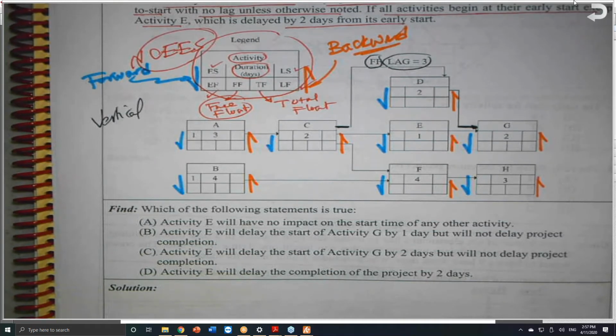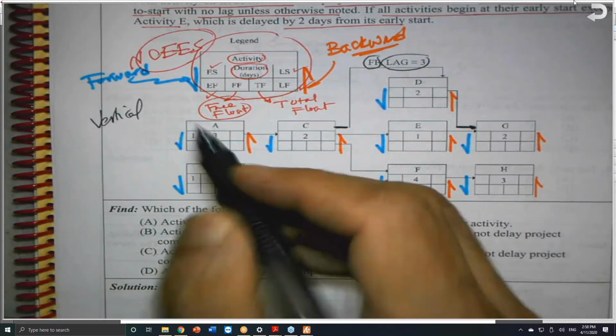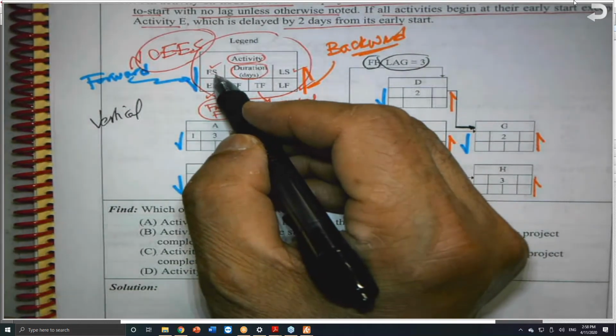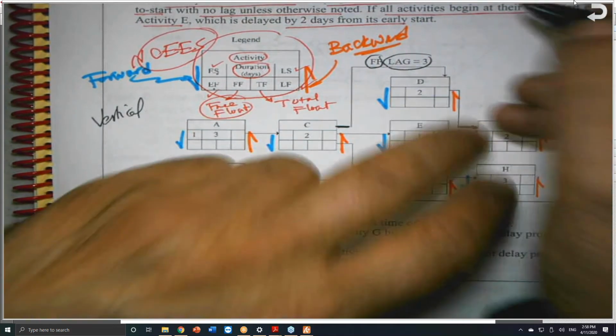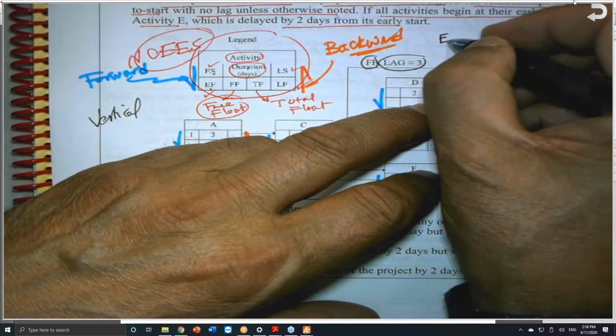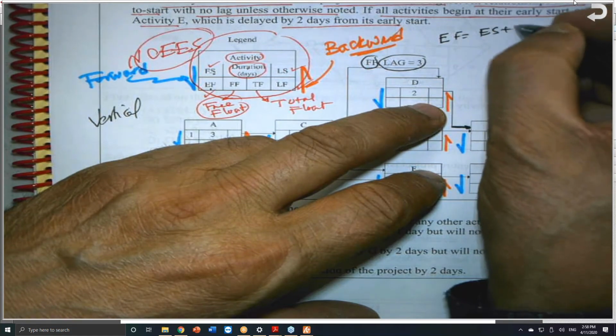If I made a mistake, try to catch it, because sometimes I make mistakes like anybody else, and the beauty about mistakes is that we can learn from them. So if we add the early start to the duration, it gives you the early finish, because we know that early finish is equal to early start plus duration.